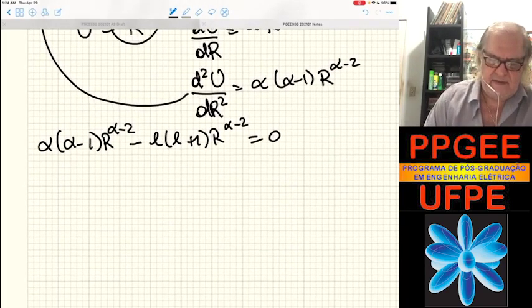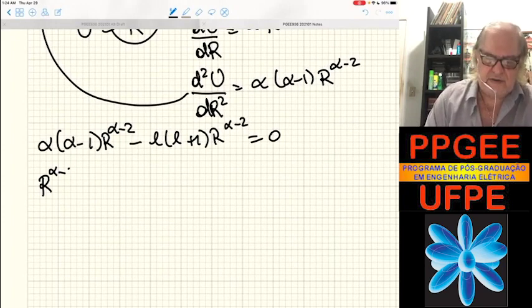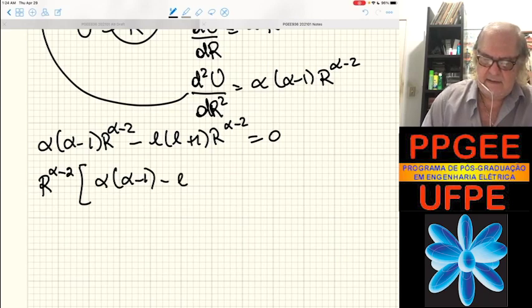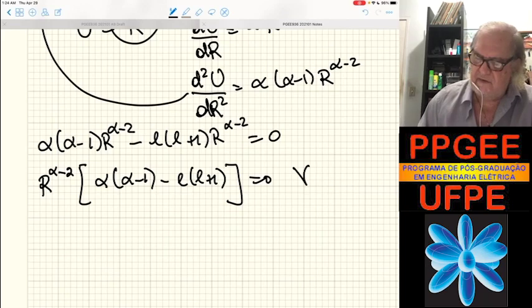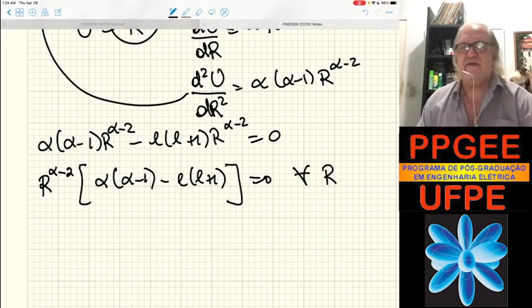Then we factor out r to the alpha minus 2, and we have the bracket equals 0 for any positive r, which is the domain of the function.